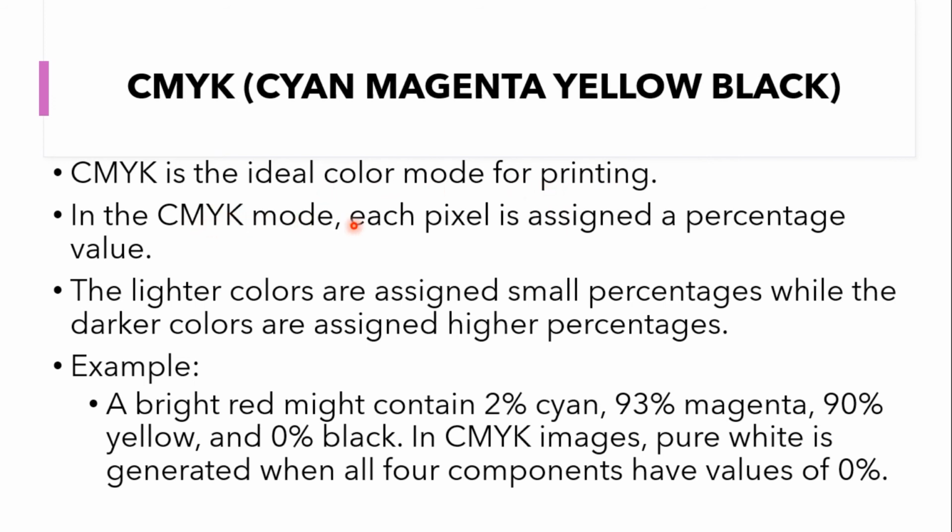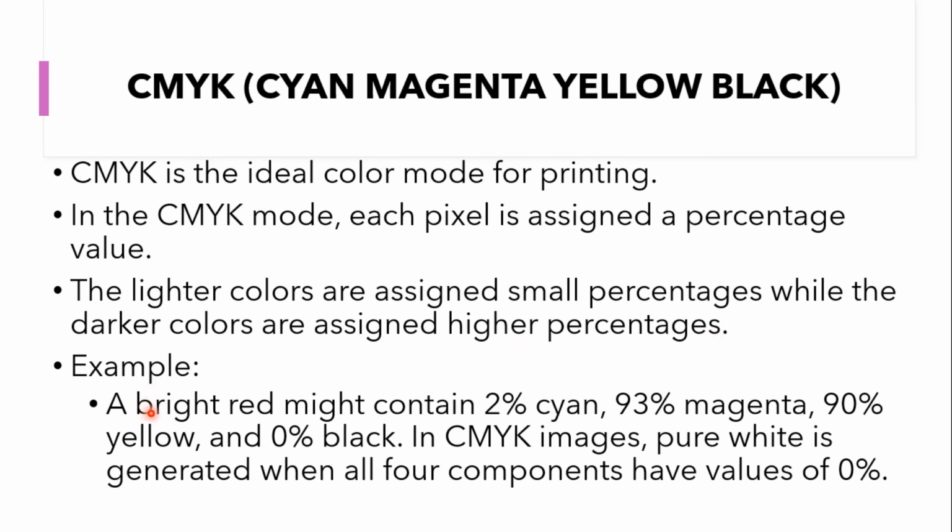In CMYK mode, each pixel is assigned a percentage value. So it's different from RGB, which has its own method. This uses percentages to produce the color for printing. The lighter colors are assigned small percentages, while the darker colors are assigned higher percentages.